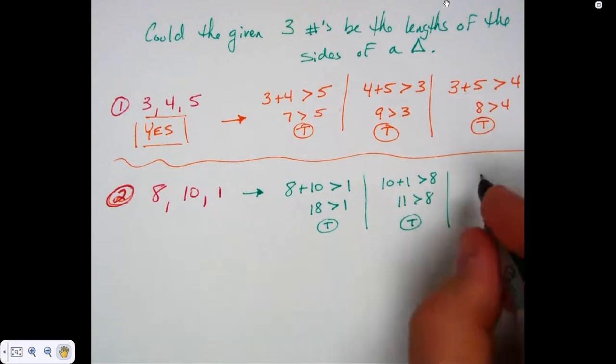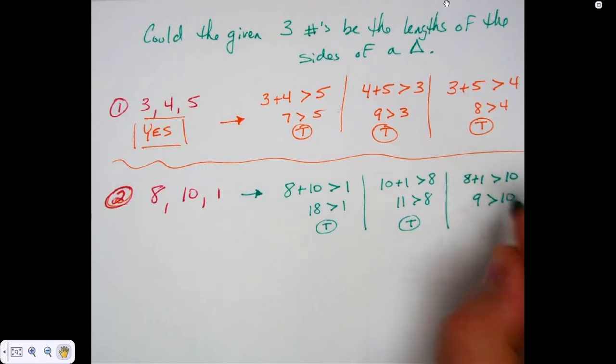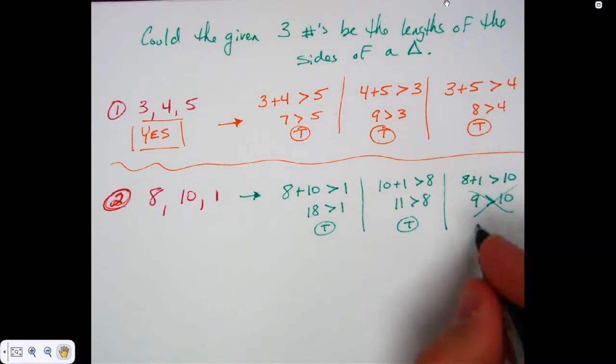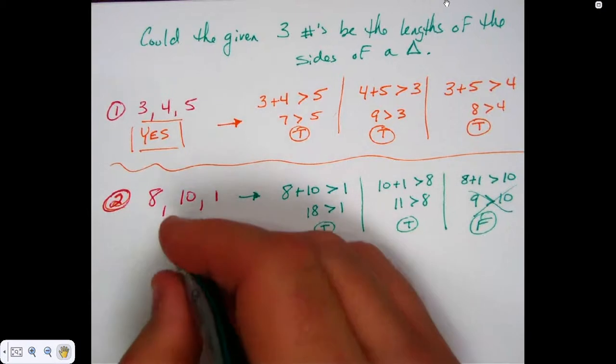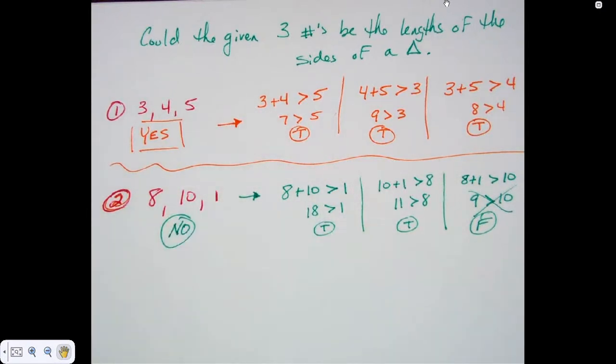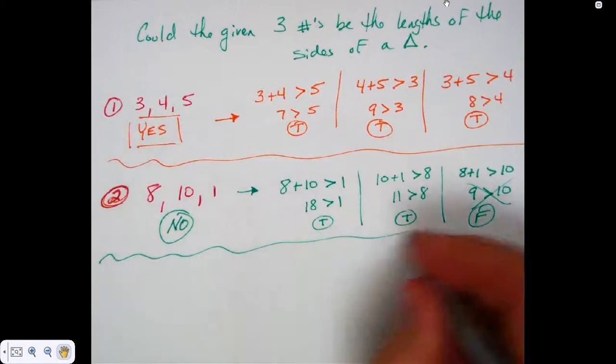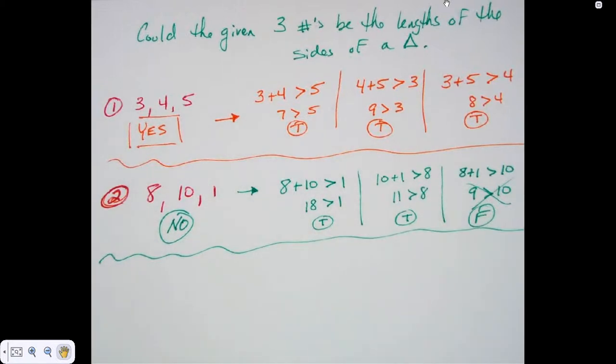And what's my last one? Is 8 plus 1 greater than 10? Is 9 greater than 10? No, it's not. So this is false. So could this be the lengths of a triangle? No, it could not. Doesn't matter if 2 or 3 of them work.